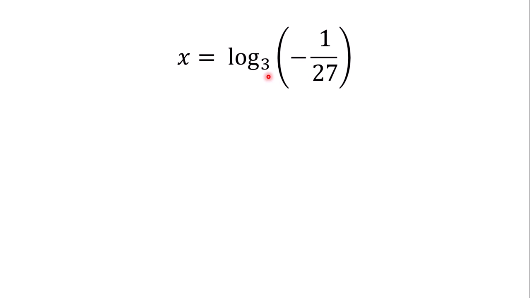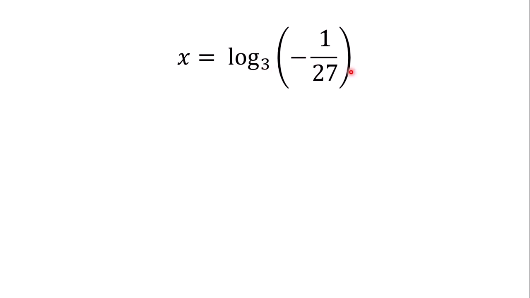But actually when you punch this on the calculator, it will give you some values, but those values are imaginary, some complex numbers. If you have read complex numbers, you know what I'm talking about.